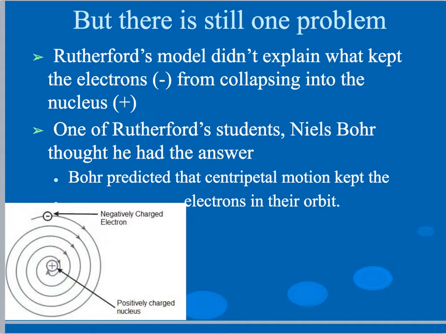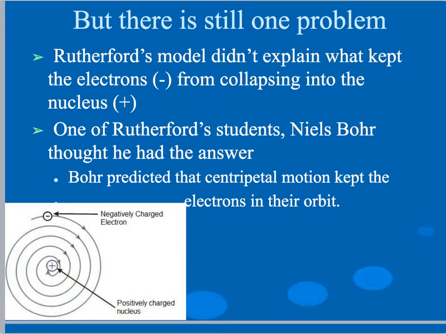And so what was going on to keep those electrons outside the nucleus? Because we know that that's where they are. We know that they're separated because electrons can move around and react, but we don't know how.